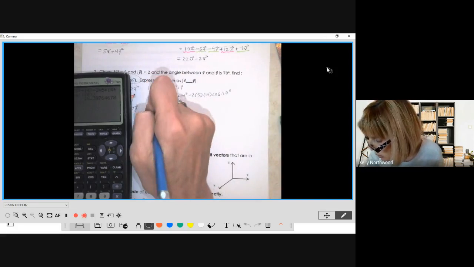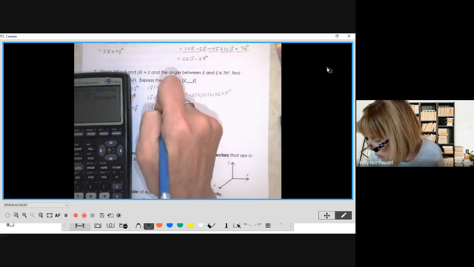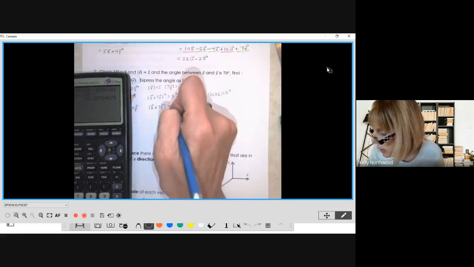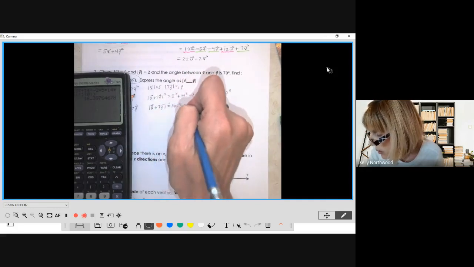Taking the square root gives 16.397, so the magnitude of vector x plus 7y is approximately 16.4 units.